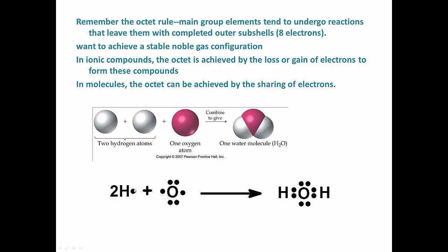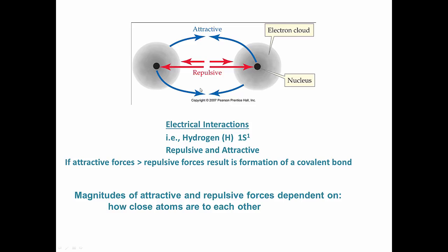Hydrogen has 1 valence electron, and oxygen, if you recall, has 2, 4, 6 valence electrons. So we can see that each hydrogen will share its electron with the oxygen. This gives the oxygen a complete octet of electrons, 8 electrons.